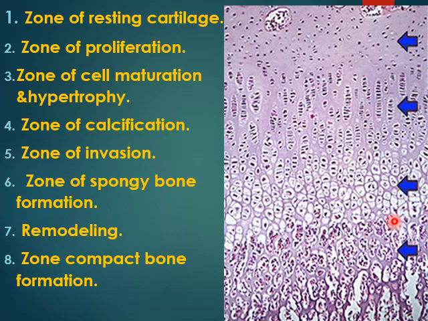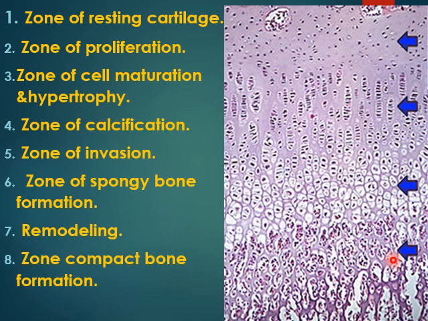Then we have the zone of invasion. The vascular bud, formed of blood capillaries and UMCs, enters through holes formed by the osteoclast. Then we have the zone of ossification, which is the formation of spongy bone.